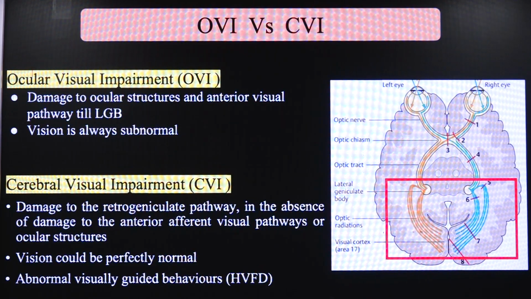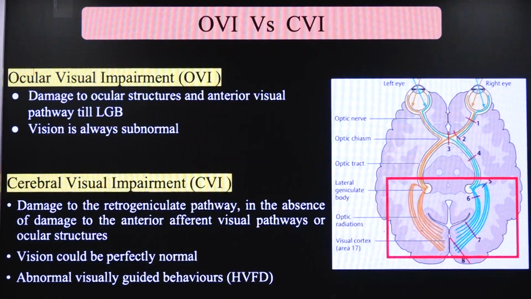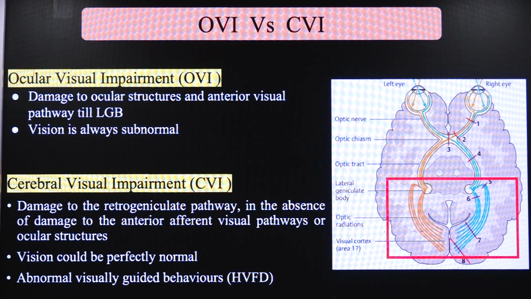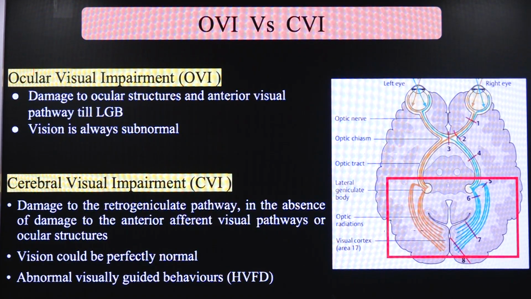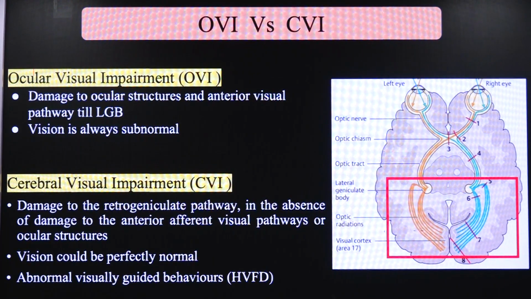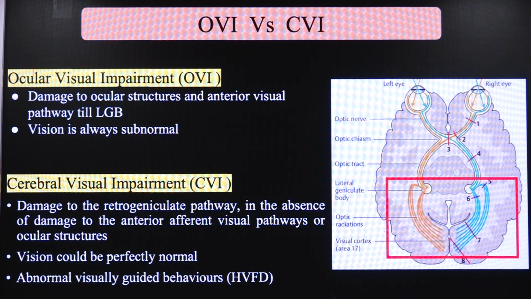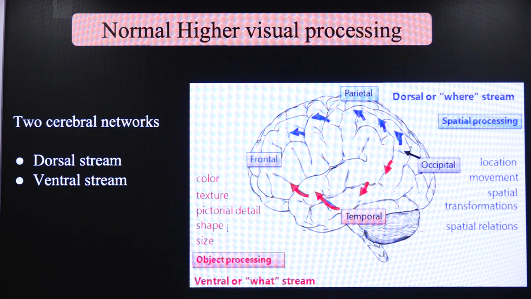And we have on the other side CVI, or the cerebral visual impairment, which results from damage to retrogeniculate pathway. And here the visual acuity could be perfectly normal, but the patient may have abnormal visually guided behaviors or higher vision function deficit.